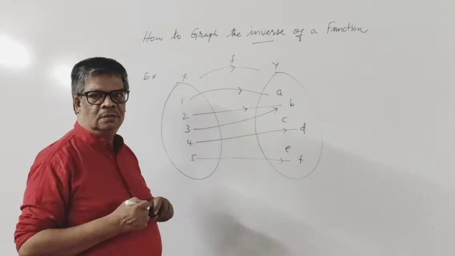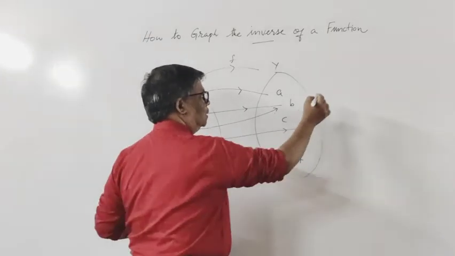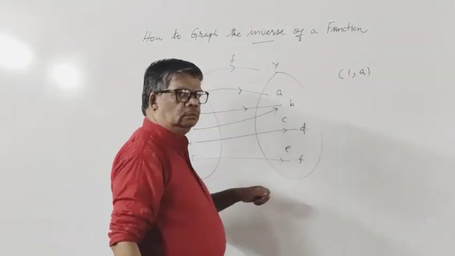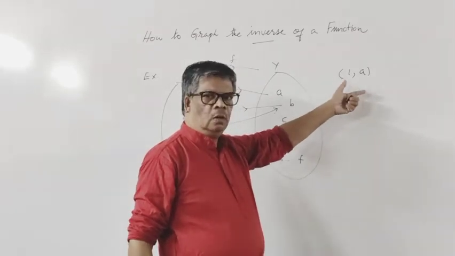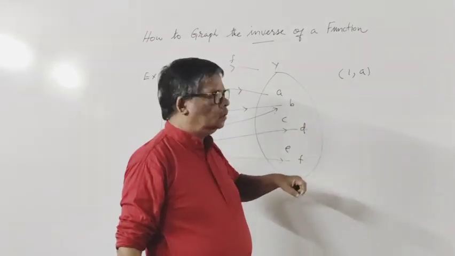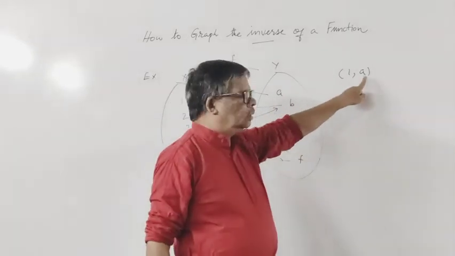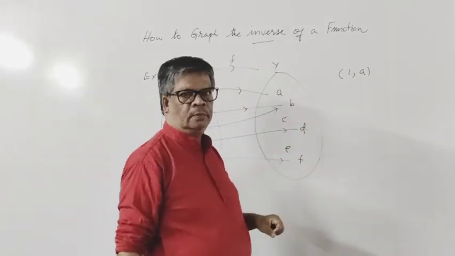These assignments can be written as ordered pairs. For example, ordered pair 1A. This is called an ordered pair because it is a pair ordered in a particular way. The first element of this pair is coming from x and the second element is coming from the set y.